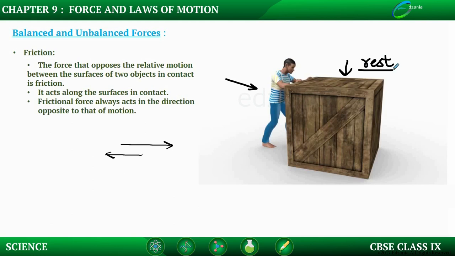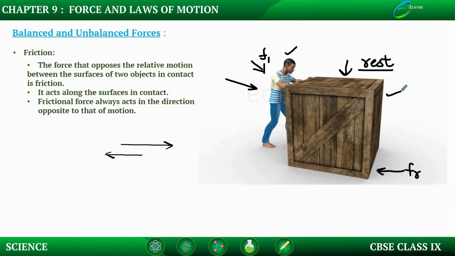This happens due to the frictional force balancing the force applied by this person. Say, if the force applied by this person is F1, then the frictional force, which is acting opposite to the direction of the force applied by this person, is balancing it and resisting this box to move.